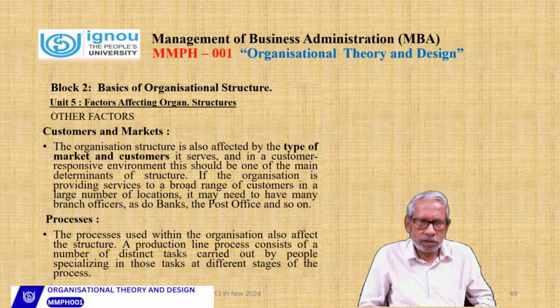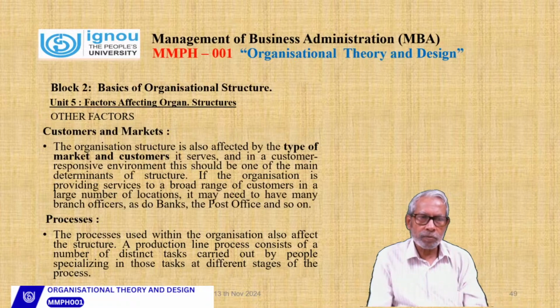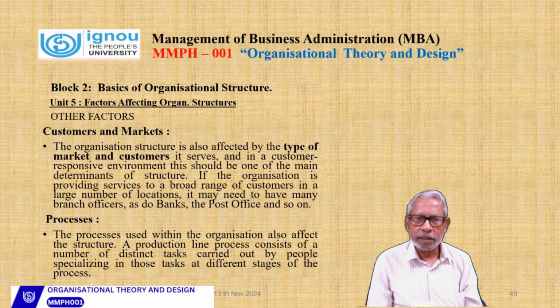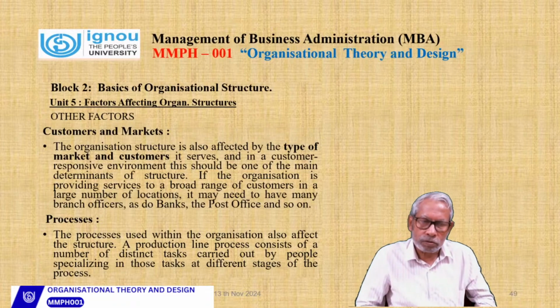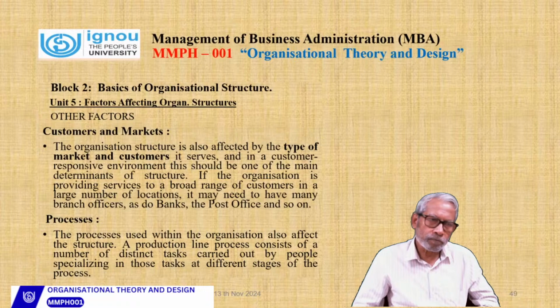If the organization is providing services to a broad range of customers in a large number of locations, it may need to have many branch offices to look after, post offices and so on, because you have to monitor geographically.